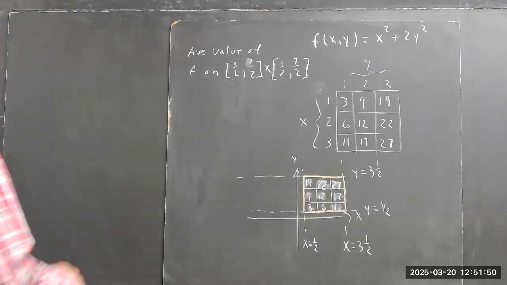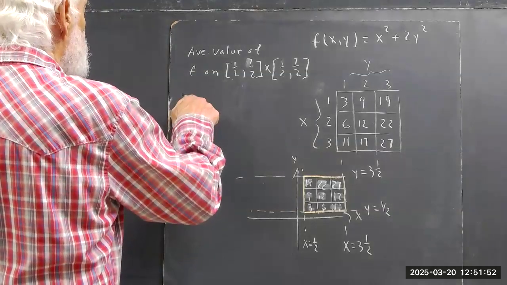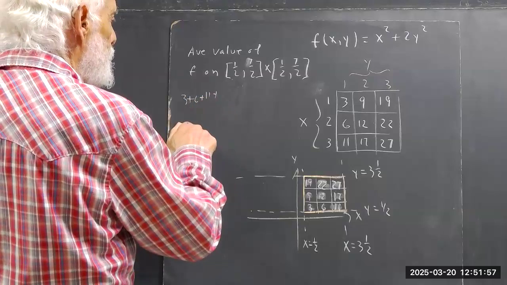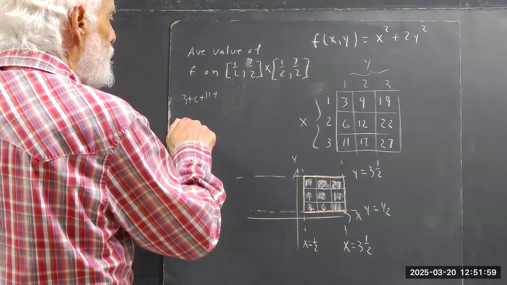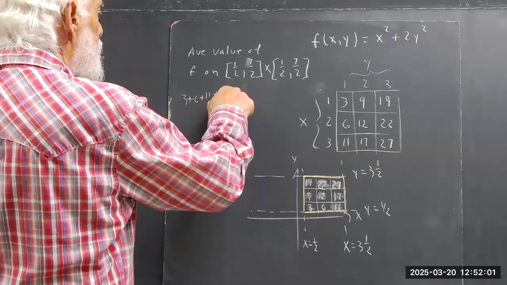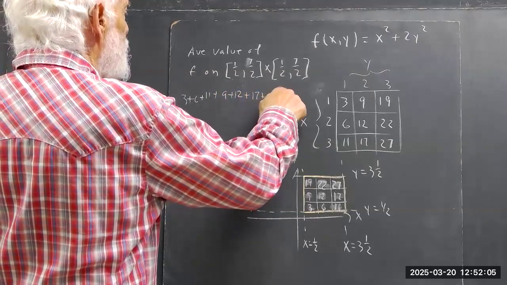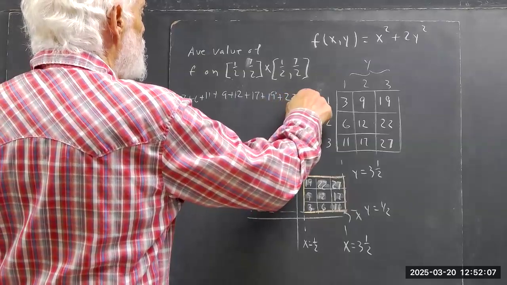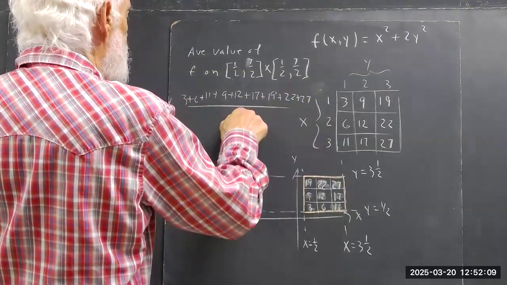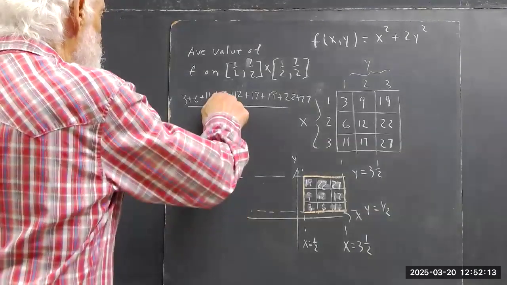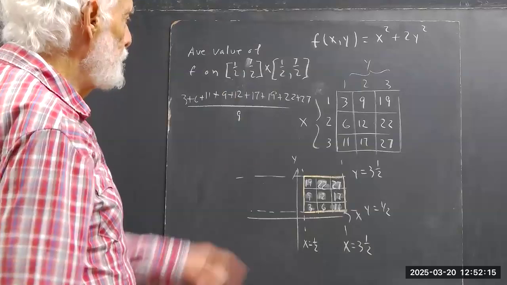Okay, so it'd be 3 plus 6 plus 11 plus 9 plus 12 plus 17 plus 19 plus 22 plus 27, all divided by 9. Okay, so what's that add up to? I'm going to add that up quickly, but I'll probably screw it up.